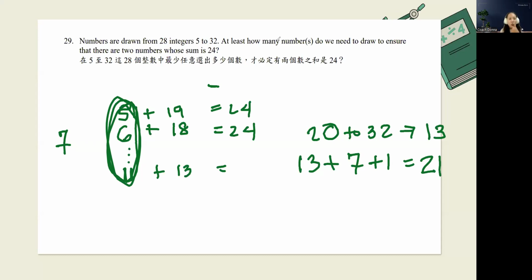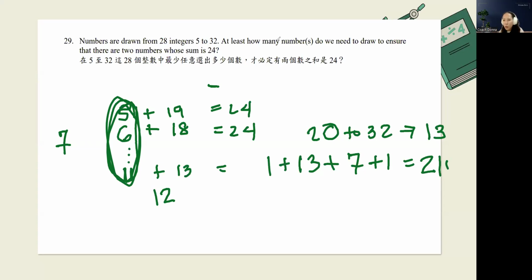All right? So worst case scenario is drawing 21 numbers. But we have the 12, okay? We haven't counted the 12 yet. So make sure that you count it also.